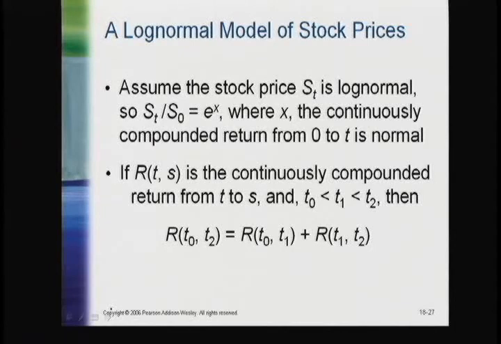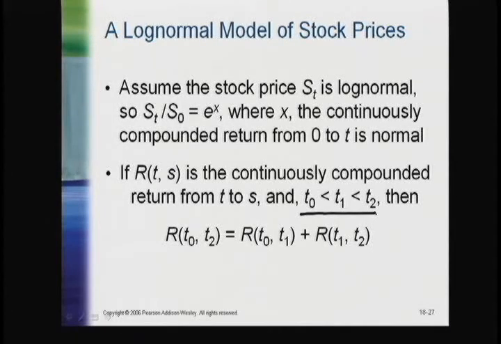One of the properties that we know about continuously compounded returns is that if I have any period from, say, T0 to T2, I can split that period into two non-overlapping periods, and the continuous return over the full period is just the sum of the sub-period returns.